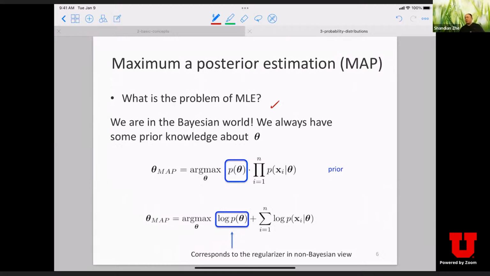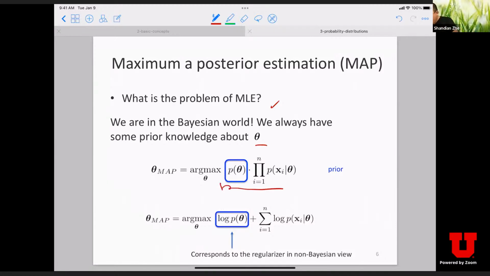But in the probabilistic framework, we mentioned our philosophy that everything is a random variable. That means the unknown distribution parameter theta, we can also view as a random variable, meaning that we assume some prior distribution over theta as well. In that case, we want to account for the prior knowledge. How can we do that?